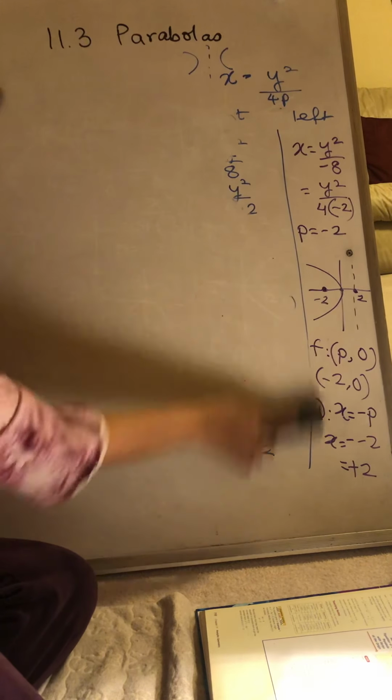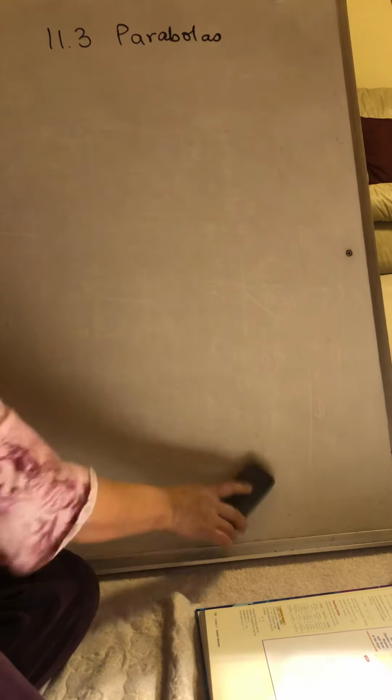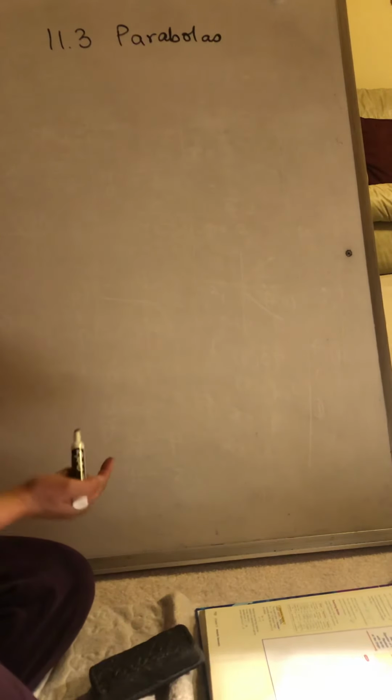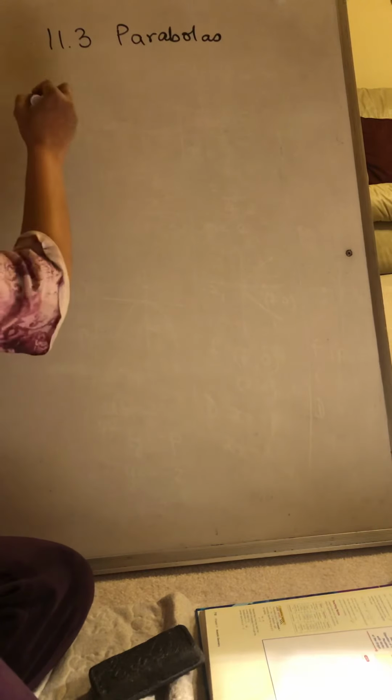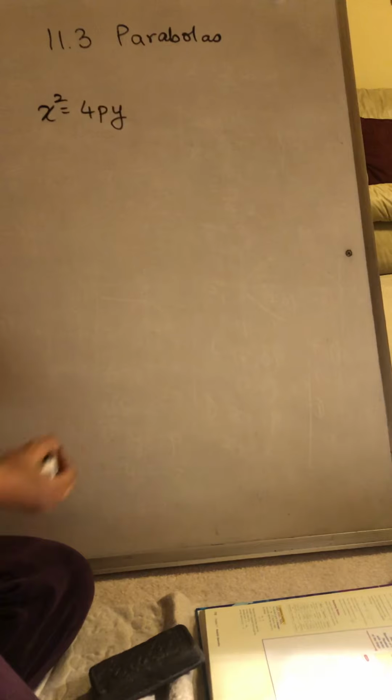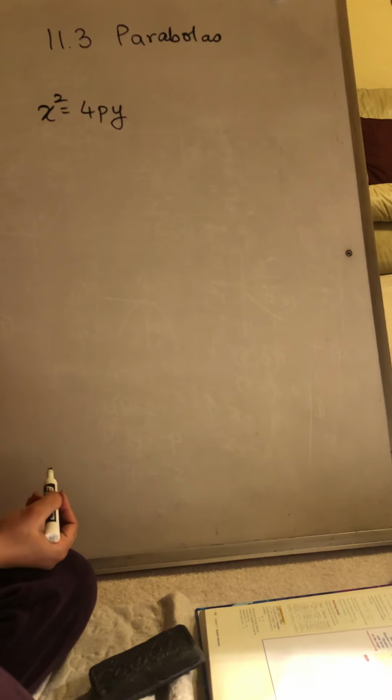So this is more or less what they are saying on page 710, and I really like the table that they have on 711. It's a very neat table. The table is what we talked about just now. The basic thing we know is x square equals 4py. Now they are giving it in this term. How did we write it?